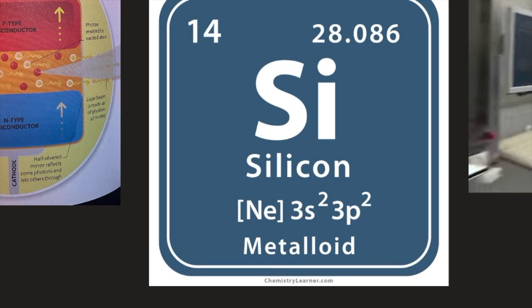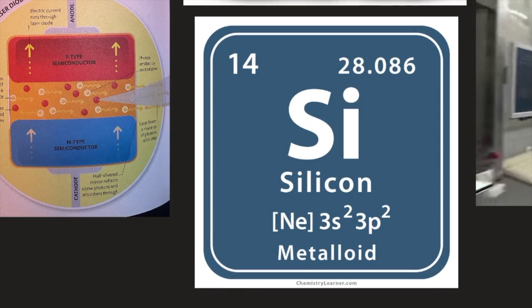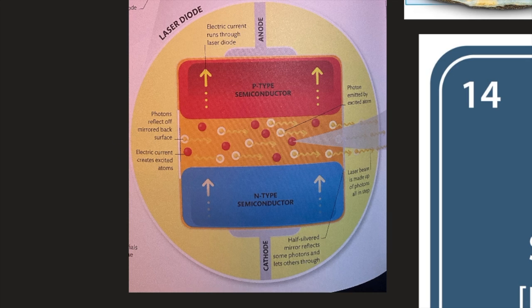So here we go. Silicon, element number 14, again with 14 protons. It's a metalloid. Here's its electron configuration and the average mass of all of the isotopes combined. We previously talked about p-type semiconductors and n-type semiconductors in the boron episode, and in the phosphorus episode we'll talk about them continuously as we discuss other semi-metals on the periodic table. So here we have a p-type semiconductor and an n-type semiconductor.